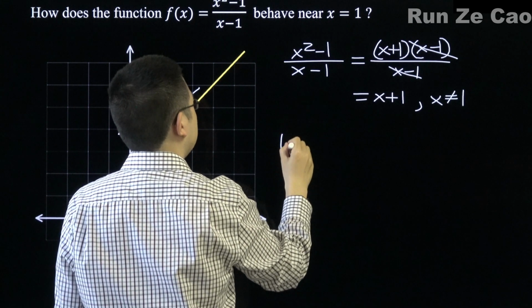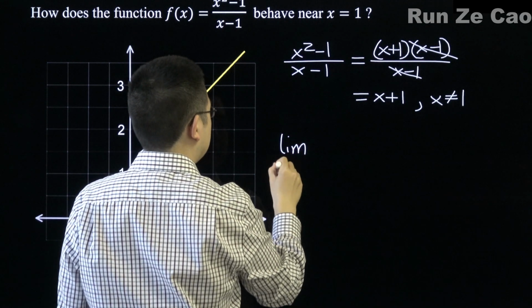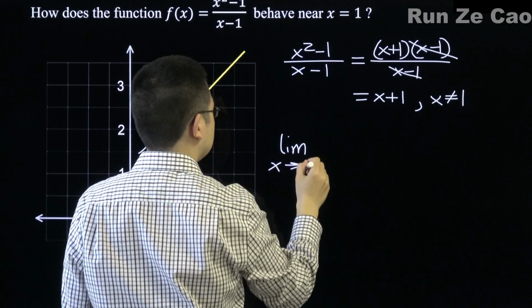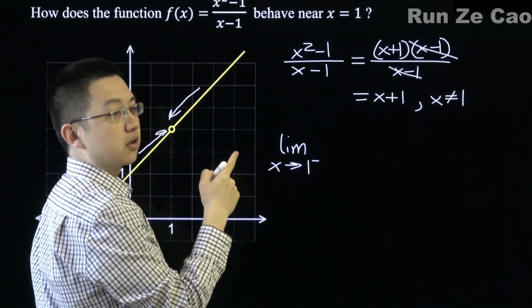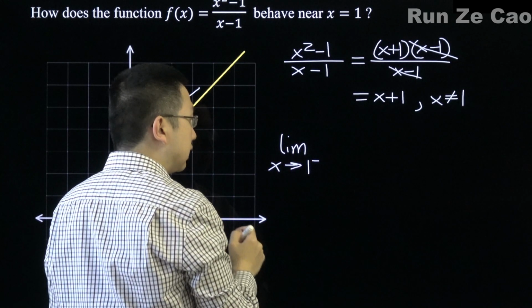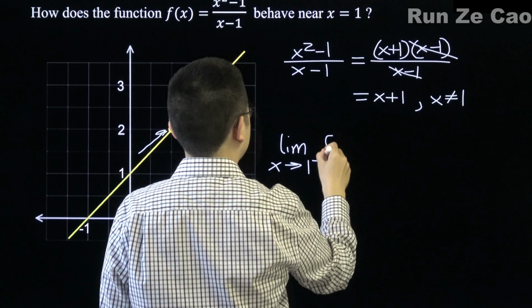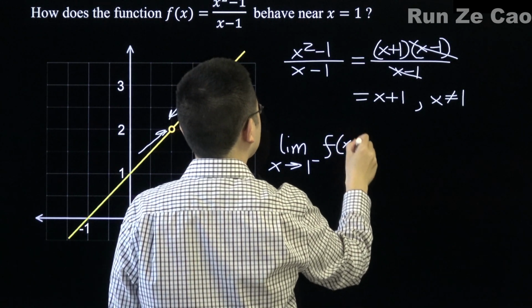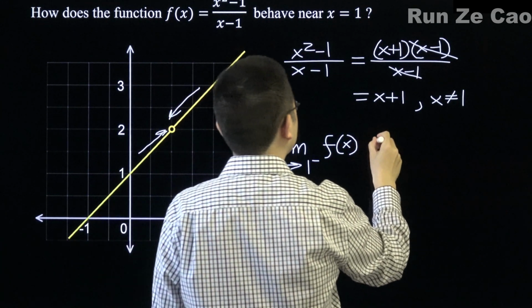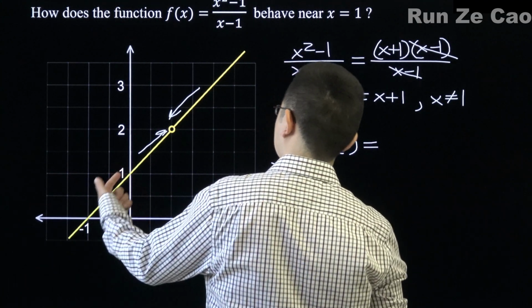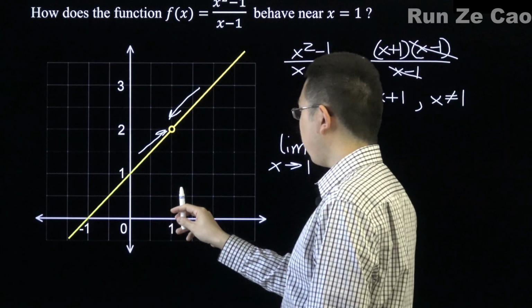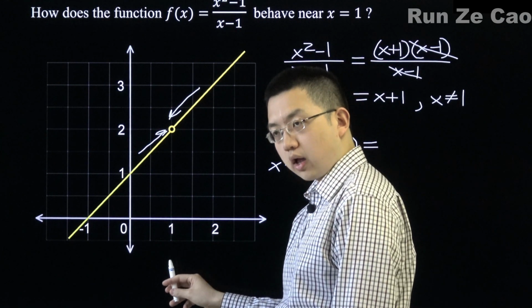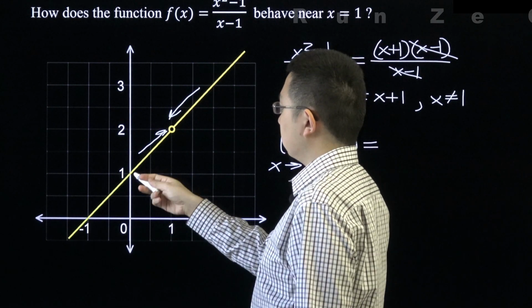We can say that the limit as x approaches 1, because it specifies the number, from the negative side of f of x is equal to, going from that side, as the value of x grows infinitely close to 1, we get 2.